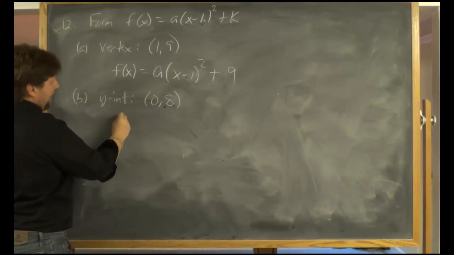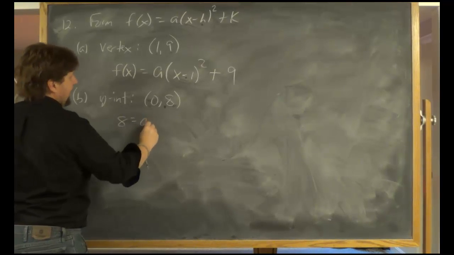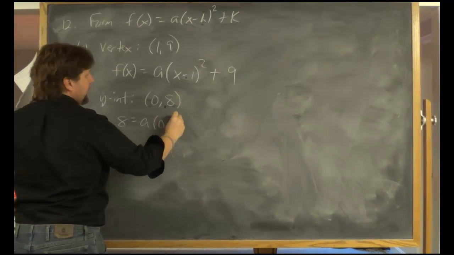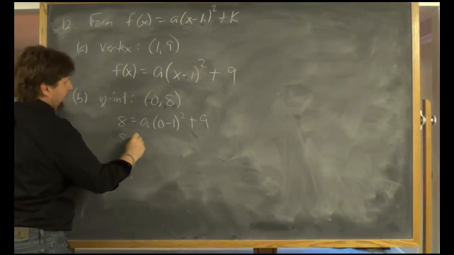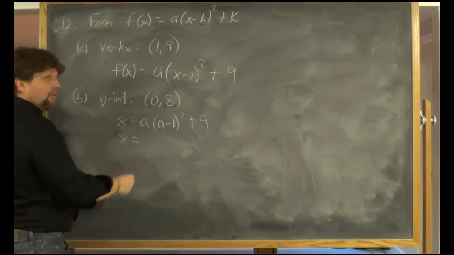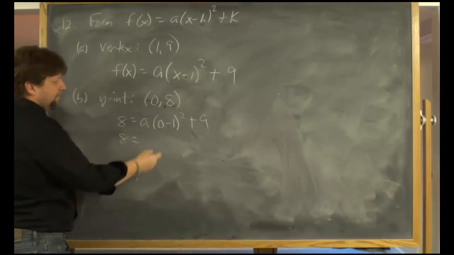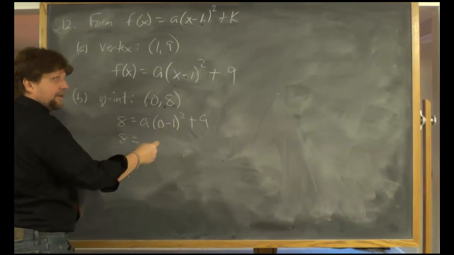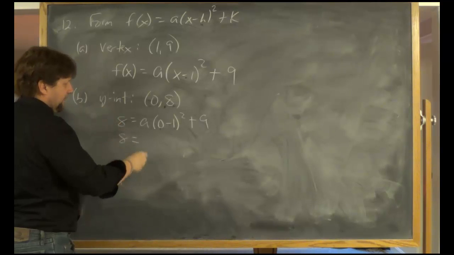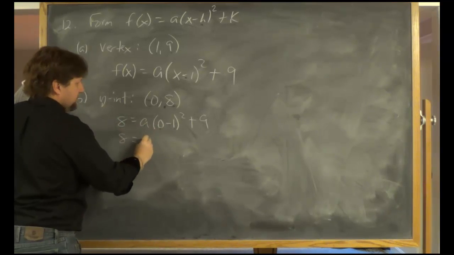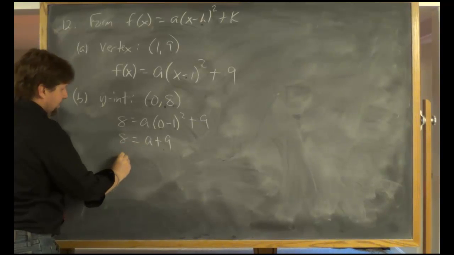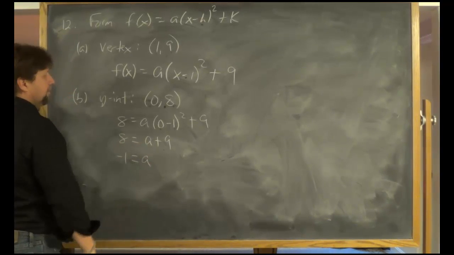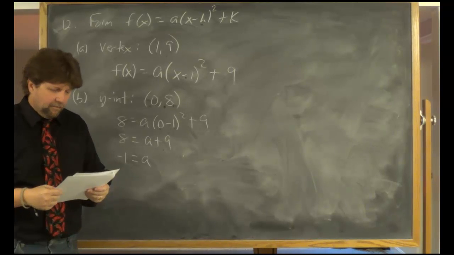So when I do that, I have 8 equals a times (0 minus 1) squared plus 9. 0 minus 1, well that's a negative 1. Negative 1 squared is positive 1. So a times 1 is just a. Subtract 9 from both sides. We've determined a has a value of negative 1.